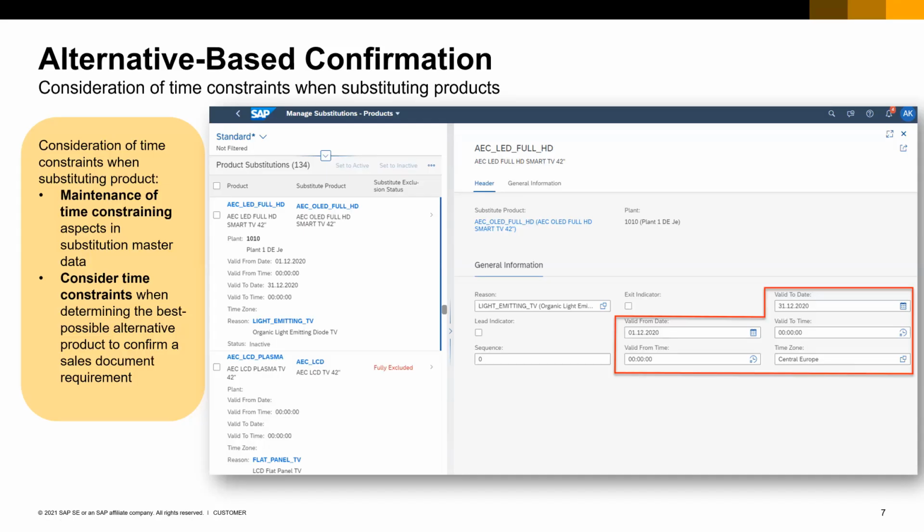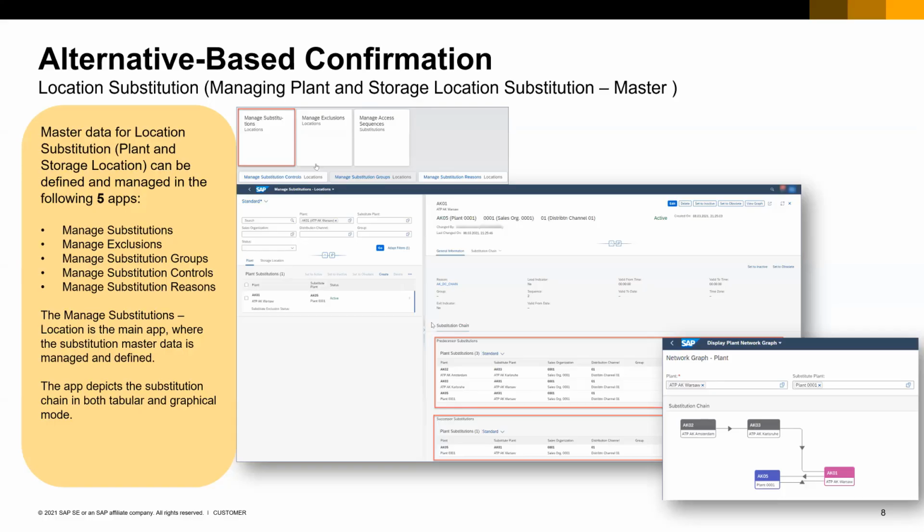The location substitution you might know already from the past. This has been enhanced now also by the storage location substitution. The storage location substitution is not just a simple substitution, it's also even a determination.